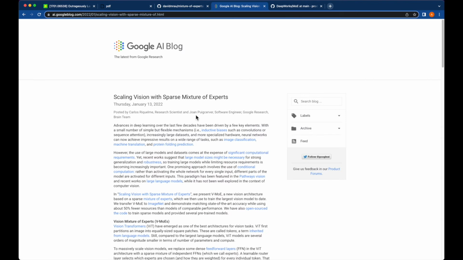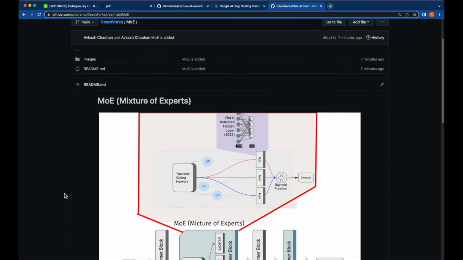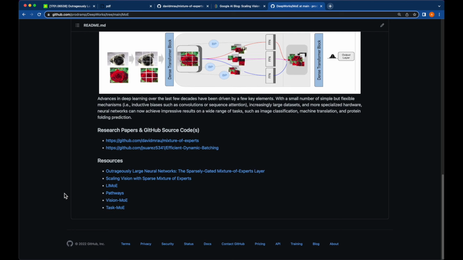All of this information I have put together in this GitHub repo, DeepWorks folder, MoE. So the content related to this video is all available, and a few important resources are available for you to review as your time permits.